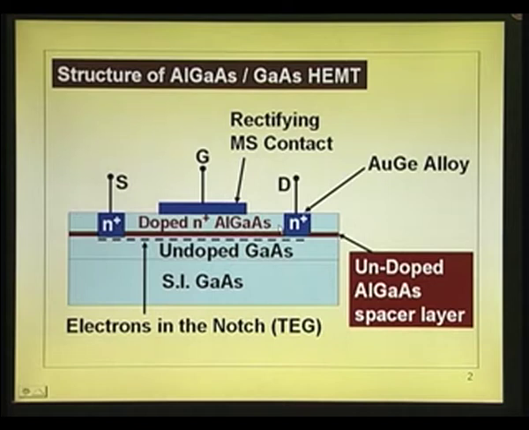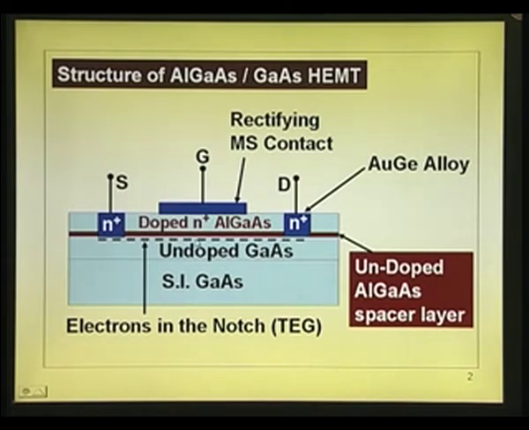Now, because of the presence of N plus layer on undoped gallium arsenide, you have this notch layer, and we also said that there are electrons here due to additional band bending in this layer, corresponding to delta Ec by q, or delta Ec, the notch. There are electrons here.